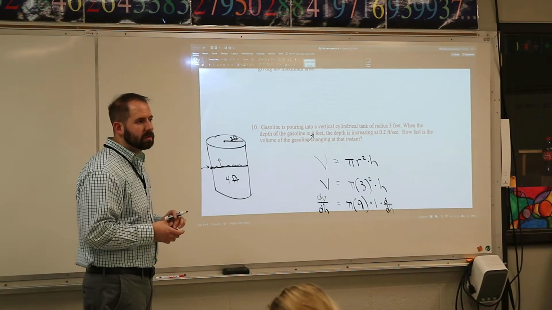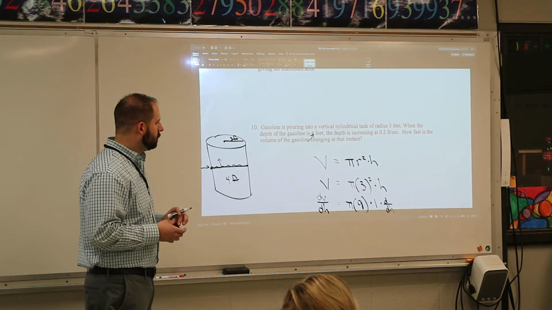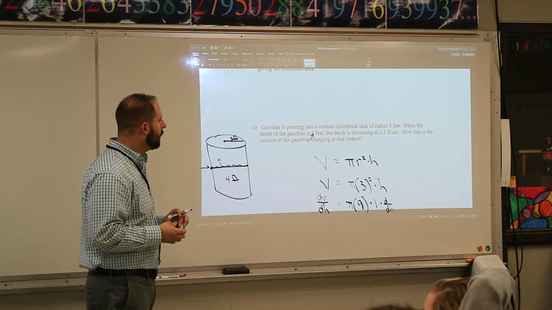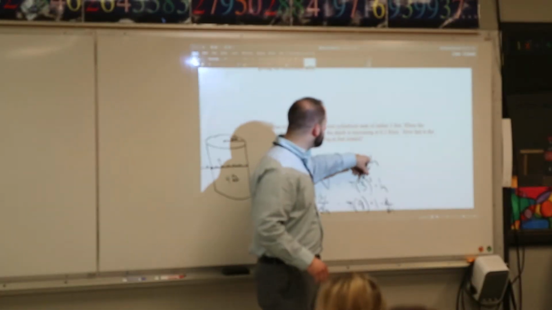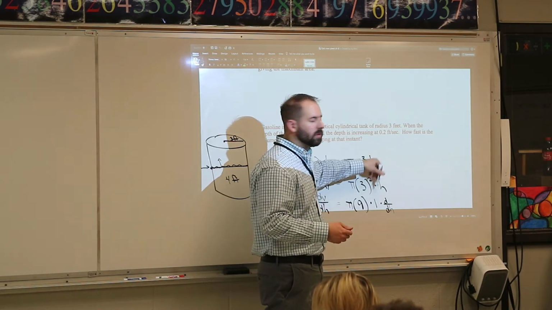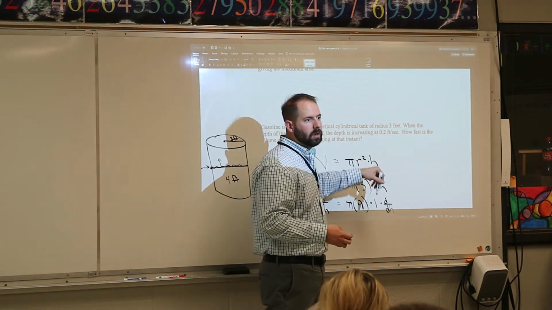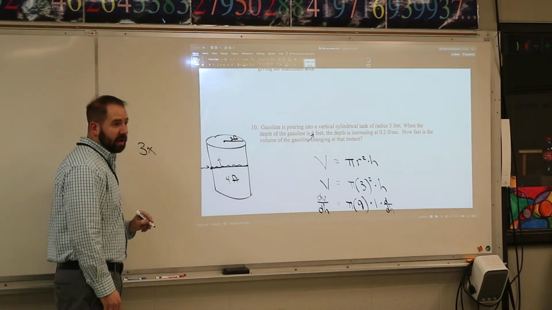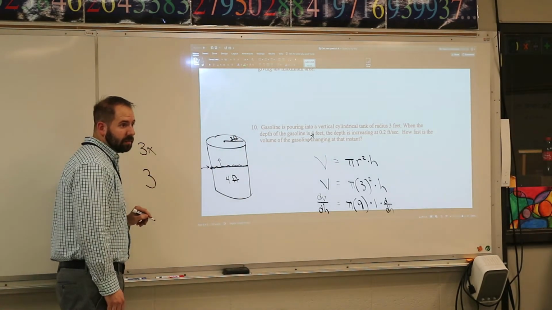Why didn't we just put 0 then? The derivative of pi, he said, is 0. Yeah, but these are just numbers. When you take the derivative of something that's just a number, you ignore it. If it's 3x, you take the derivative of 3x and it's 3.